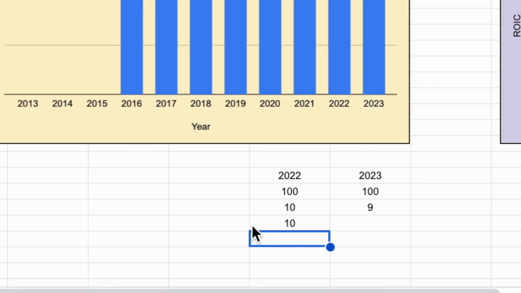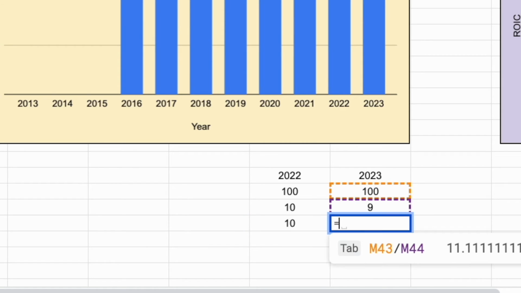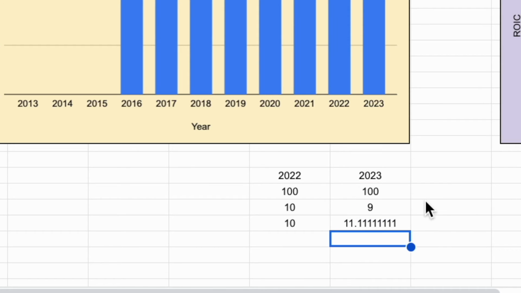So we could see revenue per share for that company would be $10. But if we look at this situation, again, it would be 100 divided by 9. So even though the company generated the same amount in revenue in 2023 as in 2022, because they had less shares outstanding, they were able to generate higher revenue per share. So buying back shares can be extremely powerful.